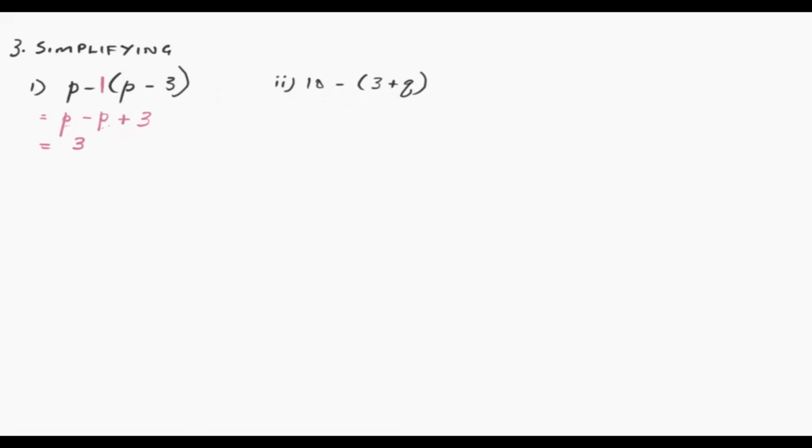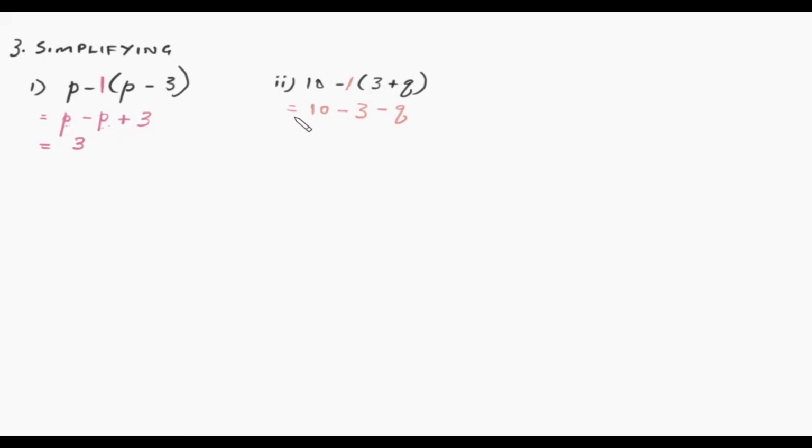How do you do this? All right, so it's going to be equal to 10, but here negative, you can say, okay, I know there is 1 here. Negative 1 times positive 3 is going to be negative 3. Negative 1 times positive q is going to be negative q.